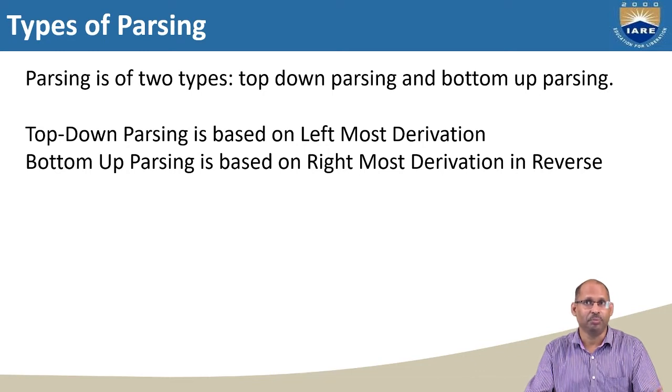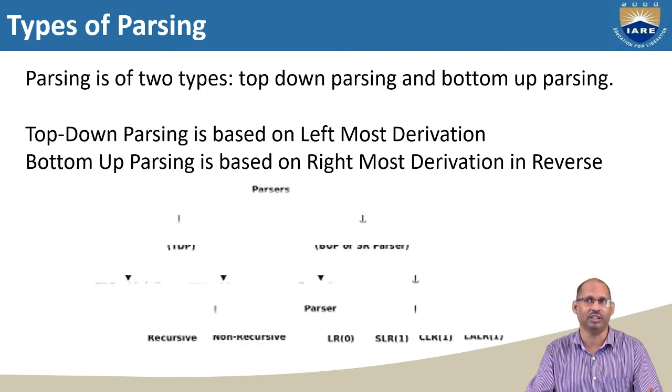The top-down parsing method is based on the leftmost derivation, and bottom-up parsing is based on the rightmost derivation in reverse.